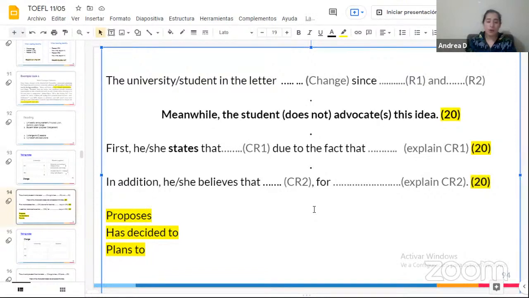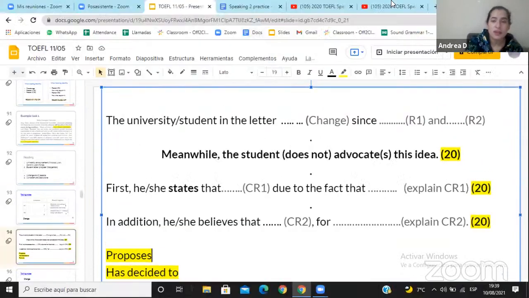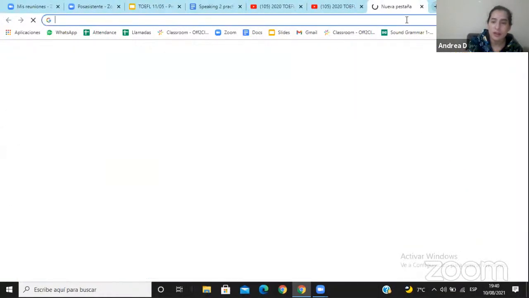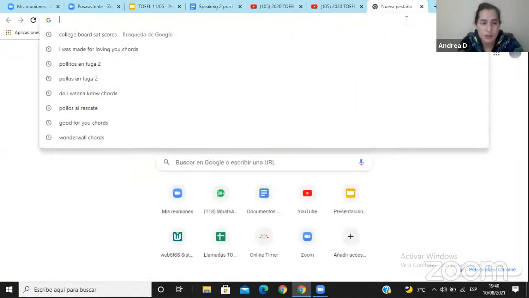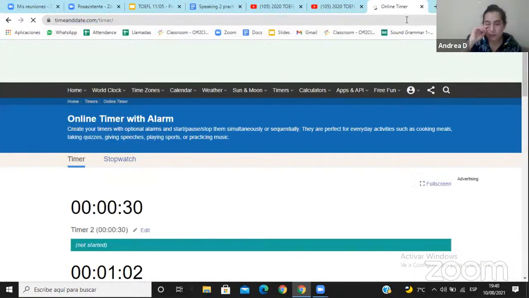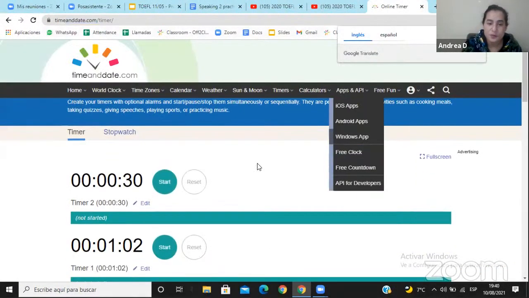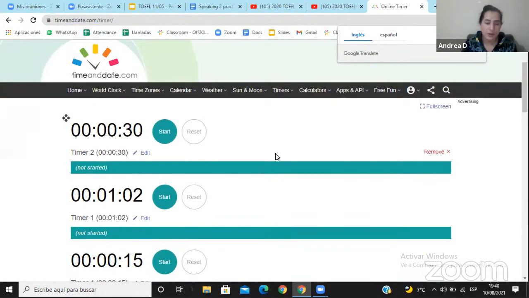Okay, so now I would like, does anybody want to try it with this example that we have seen and with the timer on? Can anybody try? Give it a shot. We kind of already said everything, you know? So it's just that you put the words together and come up with a response. So would anybody want to try?